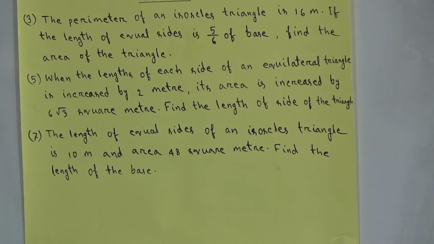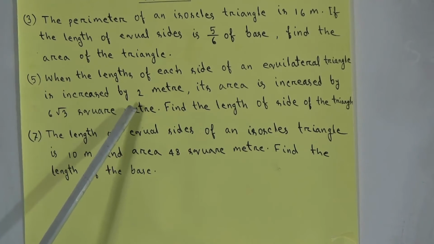At first we will assume every side will be a meter. Then after increasing 2 meter, the length of each side will be a plus 2 meter.